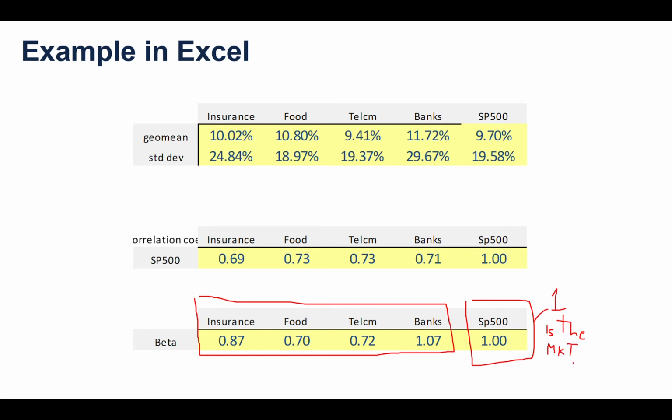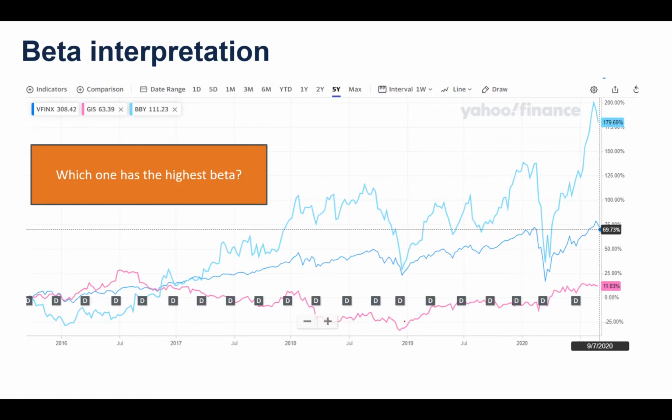We use that as our benchmark. Now food, insurance and telecom have beta less than 1. It means that they are less sensitive to market movements than banks, for instance, that probably have returns very sensitive to market movements.